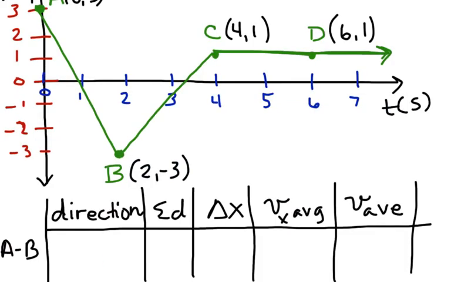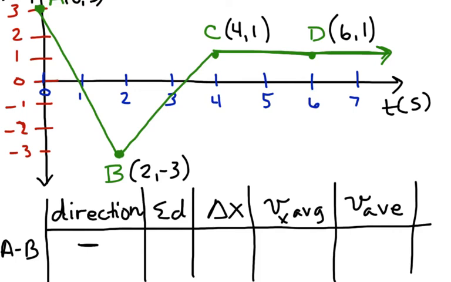So first let's look at between points A and B, and let's start by looking at the direction. So the direction between points A and B has to do with the slope of your line. So if you're looking at a position versus time graph and you have a negative slope, that means that this object is moving in a negative direction. So we have a negative direction.